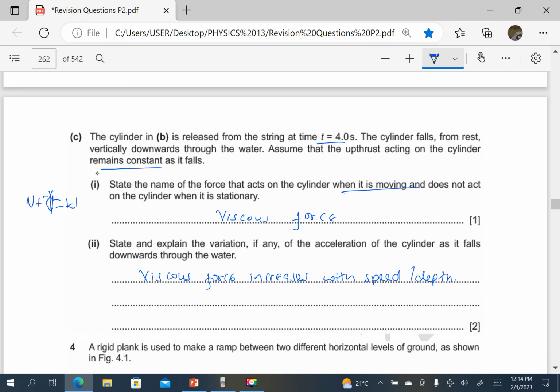And if the viscous force increases with the speed, it means the resultant force decreases. Resultant force decreases, hence the acceleration decreases.